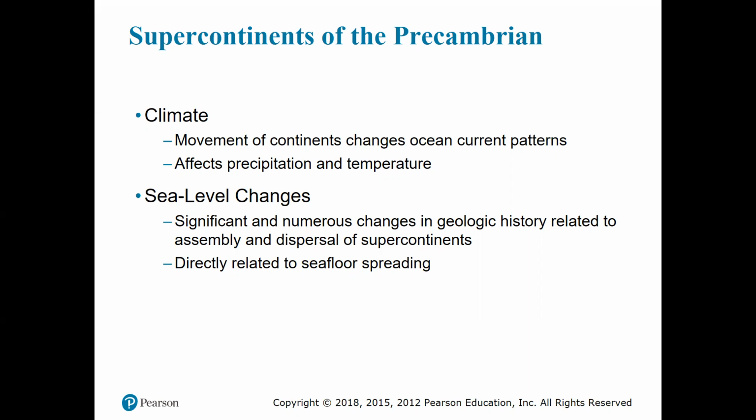Now, if we look at sea level changes, if sea level rises, then shallow seas start to advance up onto the continents. We can find evidence of this in the fossil record because of the marine sedimentary rocks that we see along modern land masses, including about the eastern 2/3 of the United States.